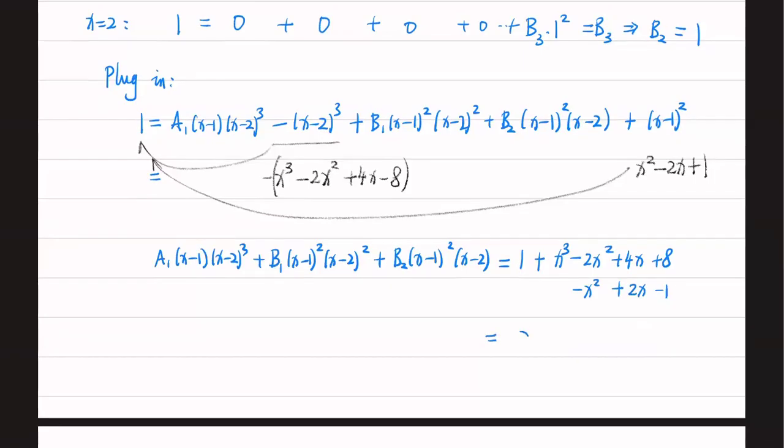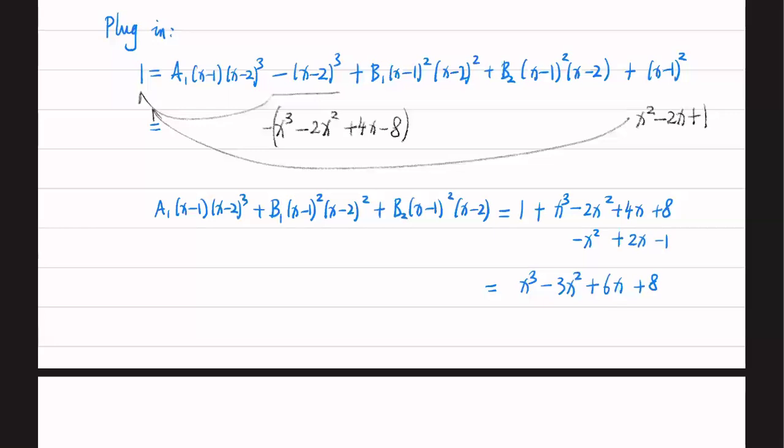So this will be x cubed minus 3x squared plus 6x, and 8, because 1 minus 1 cancel each other, 8.